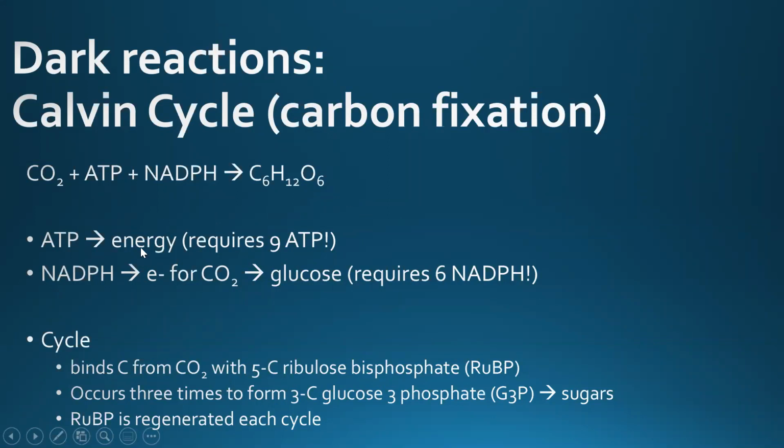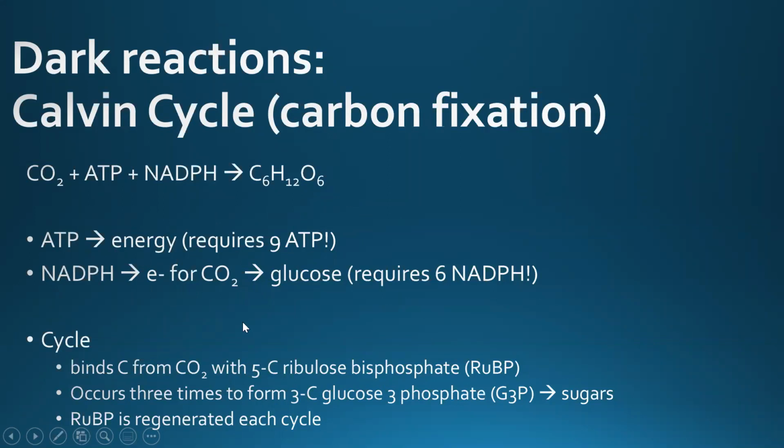ATP is the energy that's required. So basically you need 9 of those molecules. NADPH, again, provides the electrons for carbon dioxide, and the glucose requires 6 NADPH to be produced.